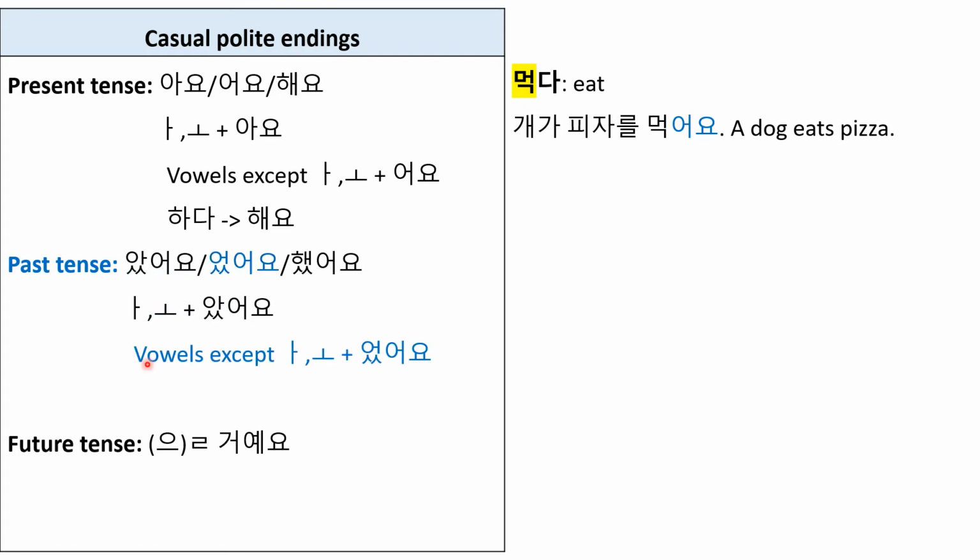If the last vowel of the stem is not 아 or 오, the ending should be changed into 었어요. If a verb ends with 하다, the verb ending is changed into 했어요.